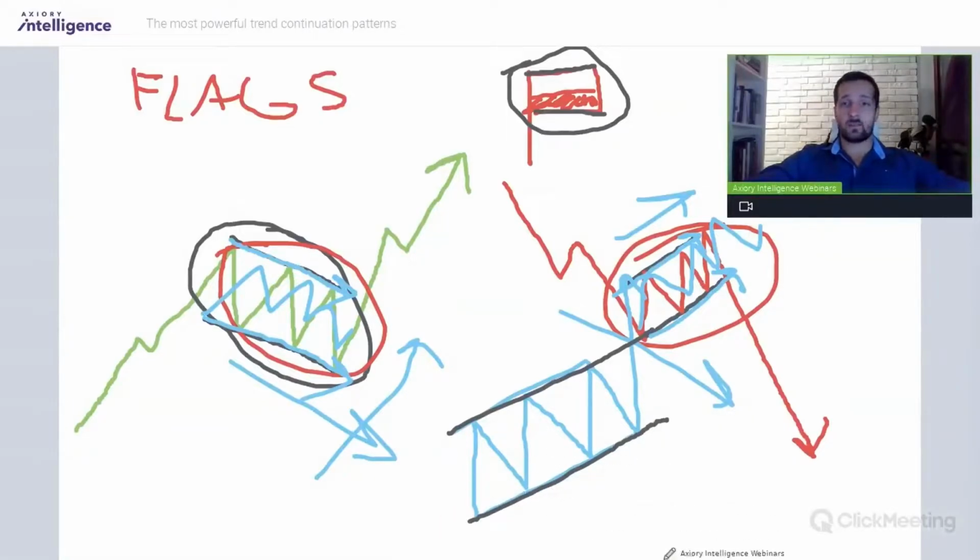And I will show you this. We will look for those patterns on the chart, and believe me, we will find them easily. We will not struggle to find those patterns. All right, those are flags. I hope that flags are pretty much clear by now.